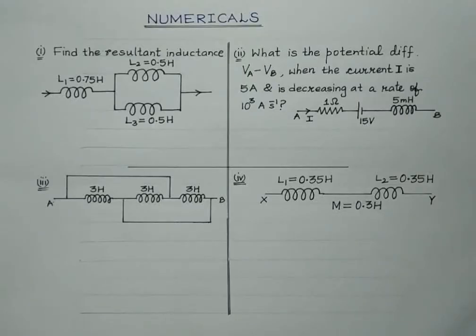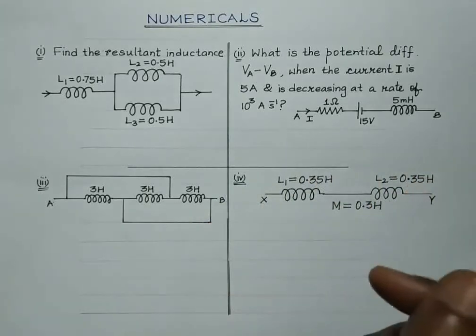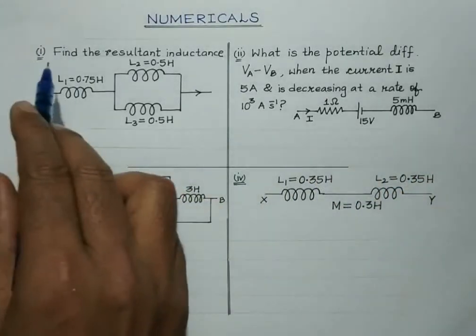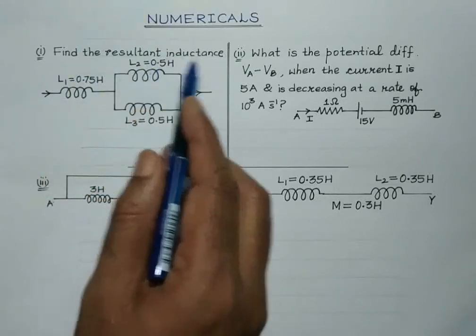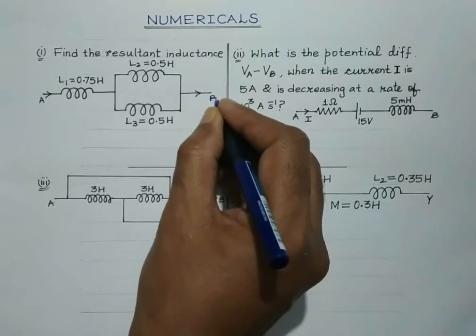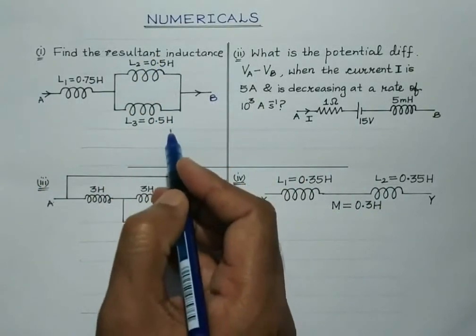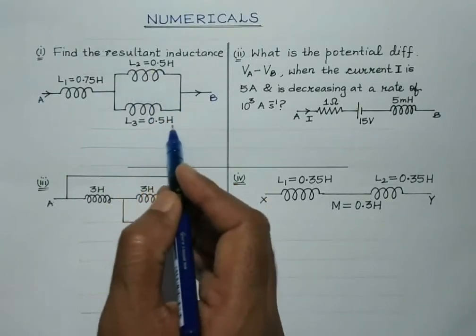Now let us try to attempt these numericals, which are based on the series and the parallel and the mixed grouping of the inductors, right? Let's consider the first question. Here we are supposed to find out the resultant inductance between the points A and B. So these are the three inductors having inductances of 0.75 Henry, 0.5 Henry and 0.5 Henry.